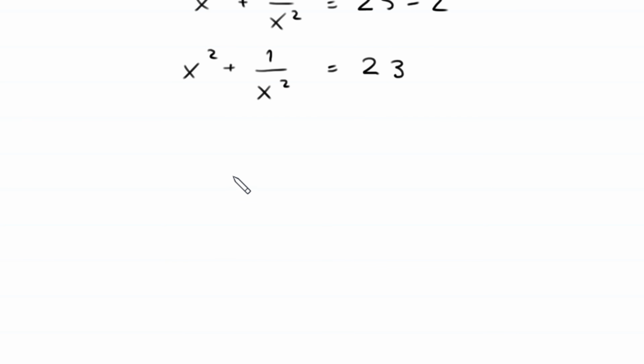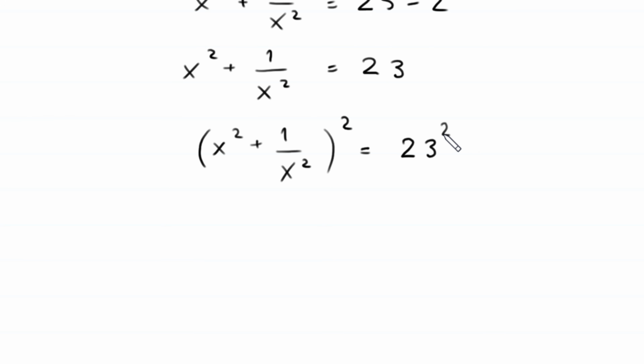Now to find the value of x to the power 4 plus 1 over x to the power 4, we take the square of both sides of this equation. So x squared plus 1 over x squared, take the square on the left hand side, equal to 23, and we take the square on the right hand side.